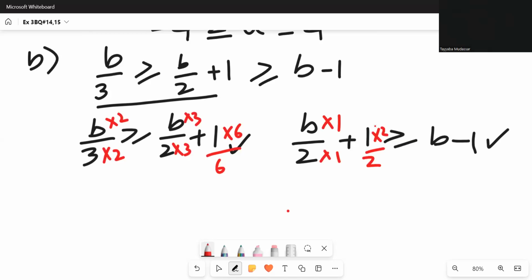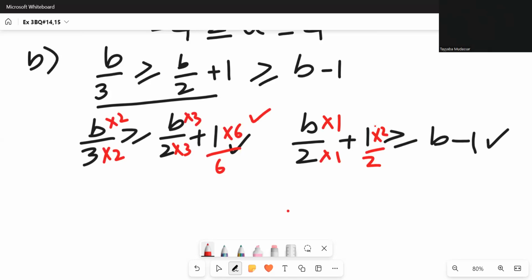We do it only on the left side. Here we have fractions on both sides, so that's why we multiplied on both sides. But here we have a fraction on the left side only, so we multiply on the left side.